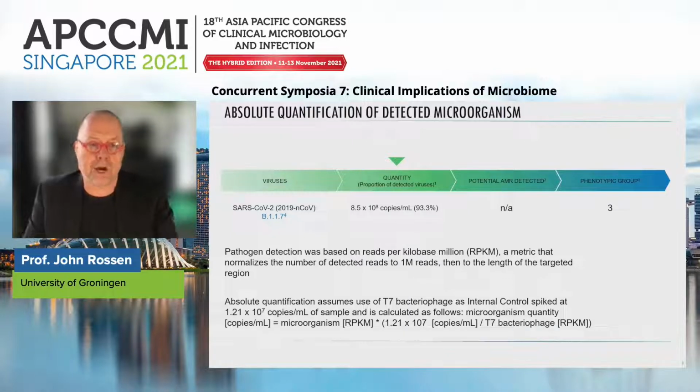Now, by using RPKM and this formula indicated here in combination with spiking a known amount of an internal control, in this case T7 bacteriophage, we can simply calculate the absolute quantification of the pathogen detected.